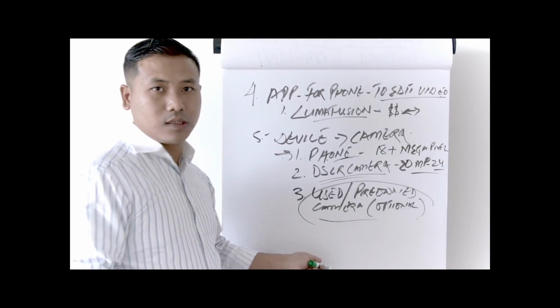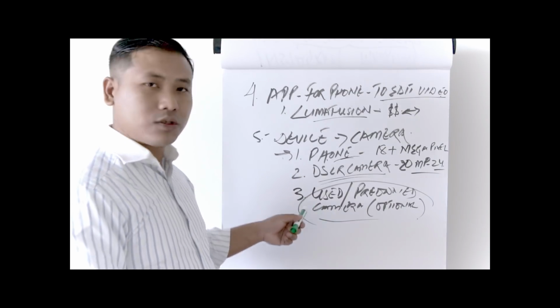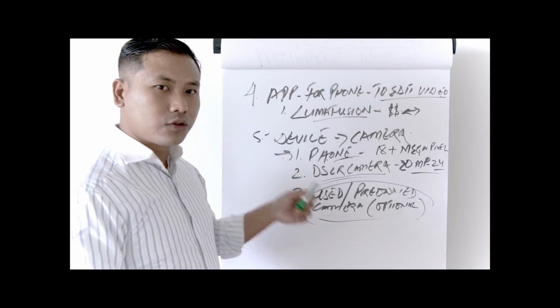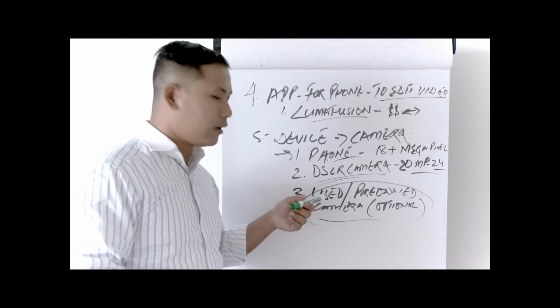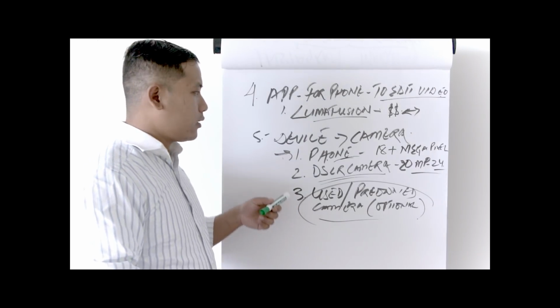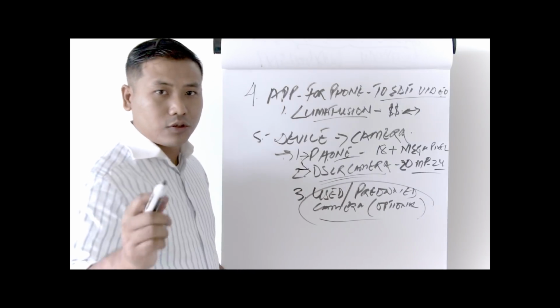Well, as long as you can use it, but you have to make sure that you are serious about doing what you have to do, so that you can buy a new device for yourself. So the device, the camera or the phone, should never stop you from doing what you want.